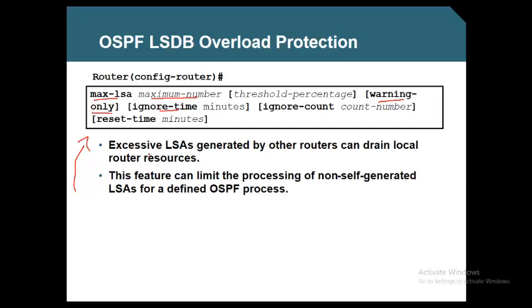In case there is an excessive LSA generated by other routers, it can drain local router's resource because too many advertisements, too much CPU because of new changes, the new LSAs are coming. And if your processor keeps on processing the LSAs that are coming every now and then, there won't be place for the other traffic to get processed.